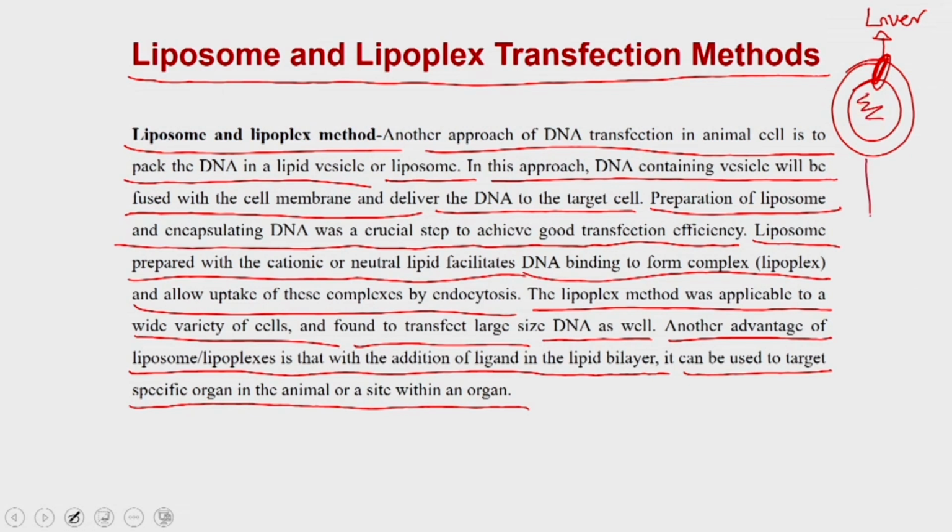If you take this transfection mixture and inject it into the animal, it will not only transfect cells, it will reach the liver because of this antigen, which is recognized by the liver cell, and then it will deliver the particular plasmid to the liver cell, and you can express the protein encoded by this plasmid.